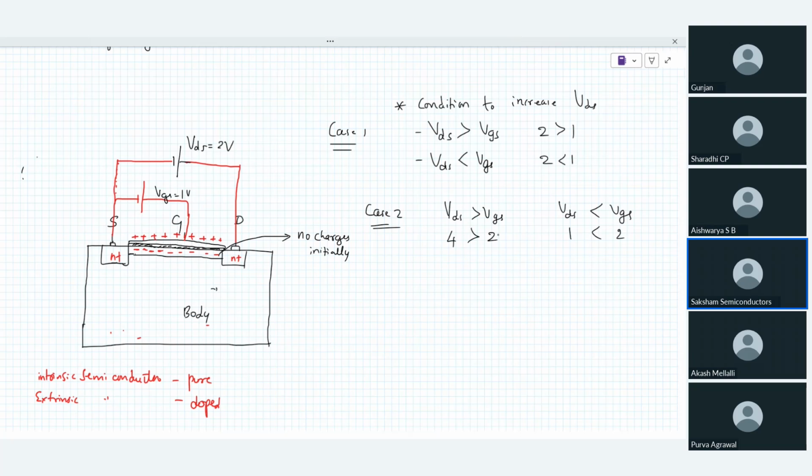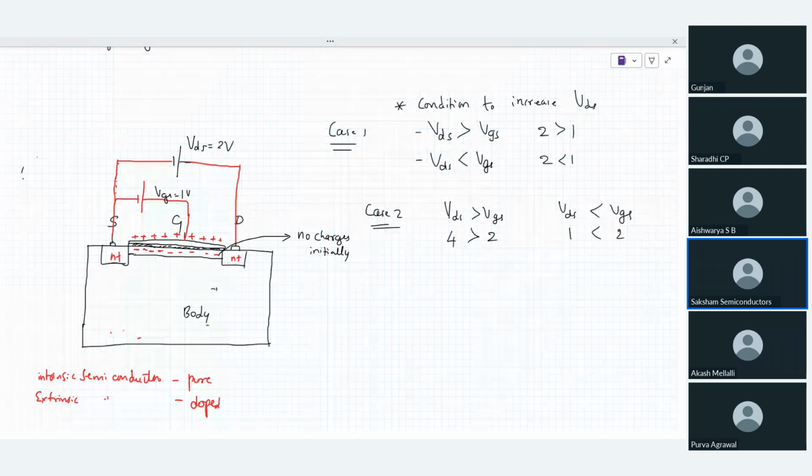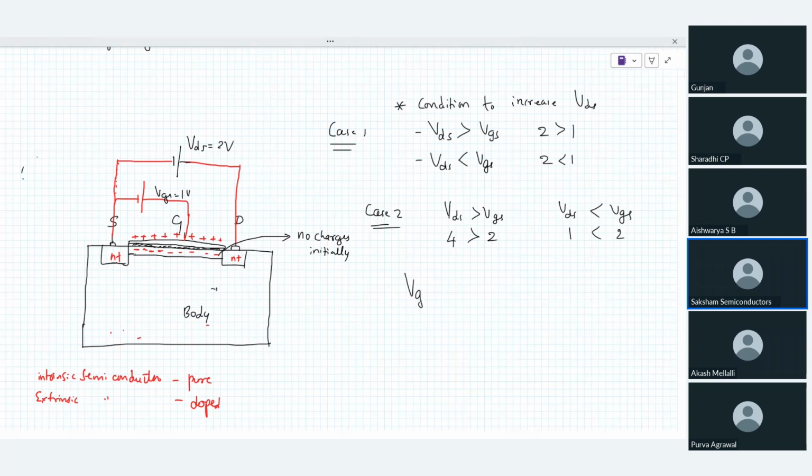Now, of course, as you might be aware, I should add one more potential over here, which is VGS minus VT. I'll try to add that particular value. So basically, it is always VDS greater than VGS minus VT, or it will be VDS less than VGS minus VT.